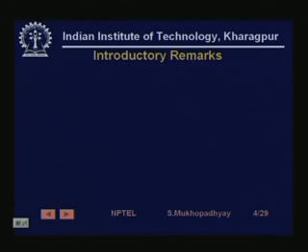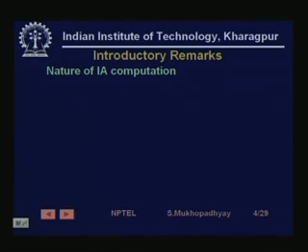So, let us start with the industrial automation tasks and their distinguishing features. We are going to look at the nature of industrial automation, what I call IA computation, that is computation related to industrial automation. These kind of computations, remember, are always working on physical signals, right.